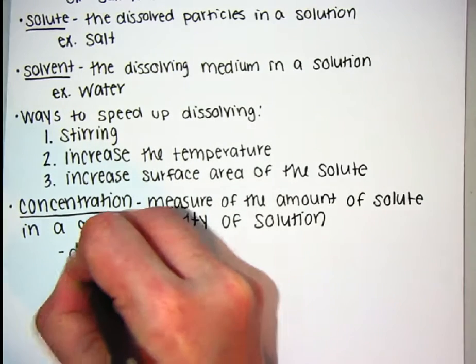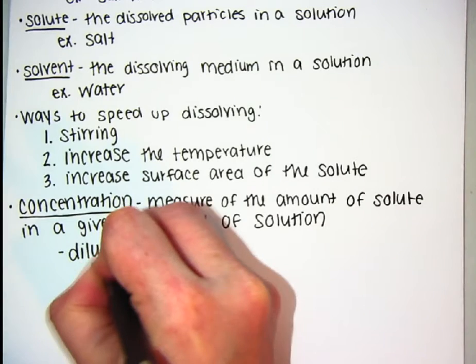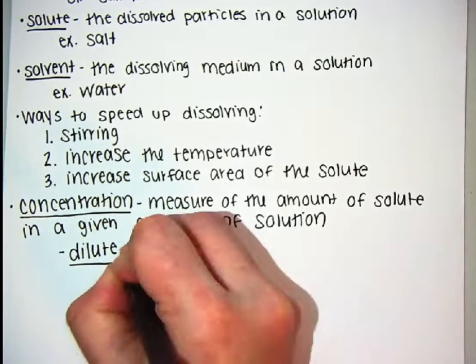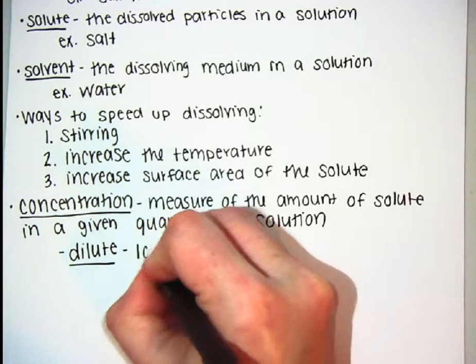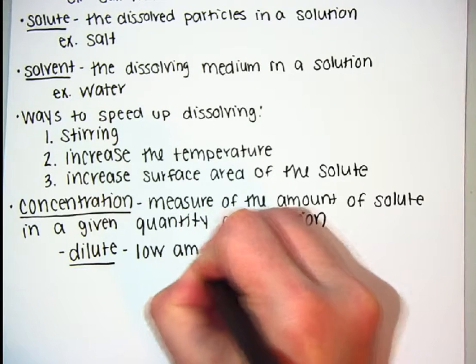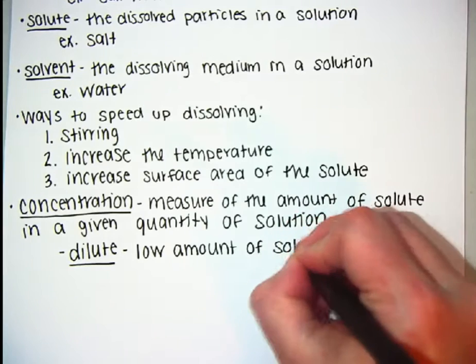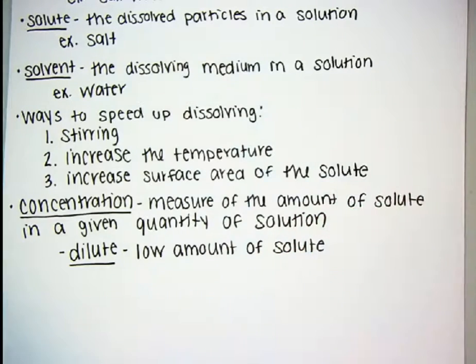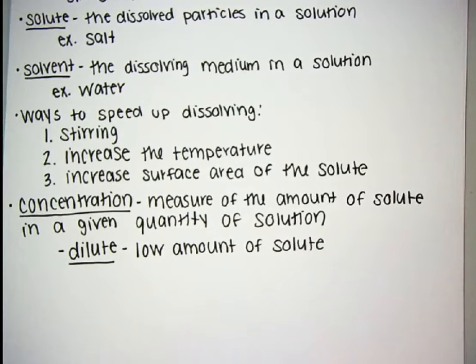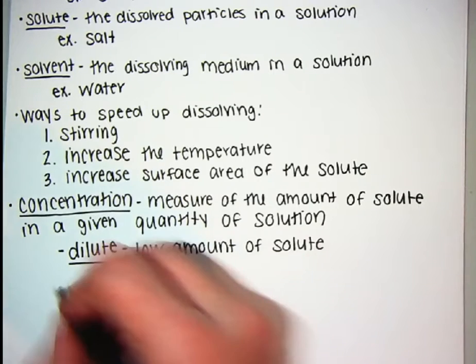If it is a dilute solution, it means that we have a low amount of solute. If it's not very concentrated, we call it dilute. It has a small amount of solute. So if we're making salt and water, if we just dissolve a very small amount of salt in a liter of water, it's going to be very dilute.